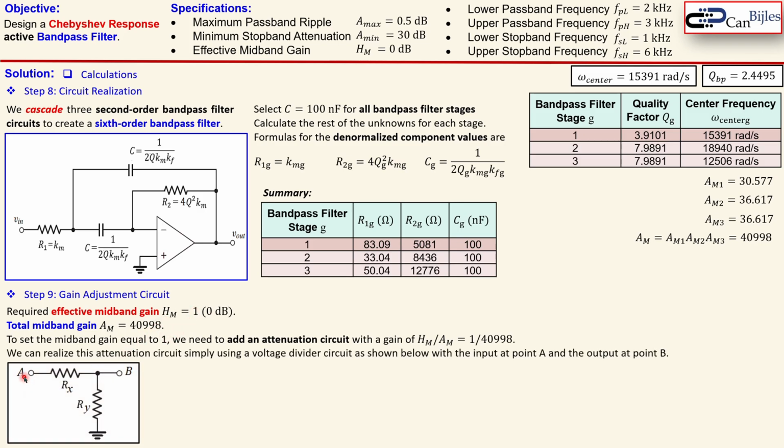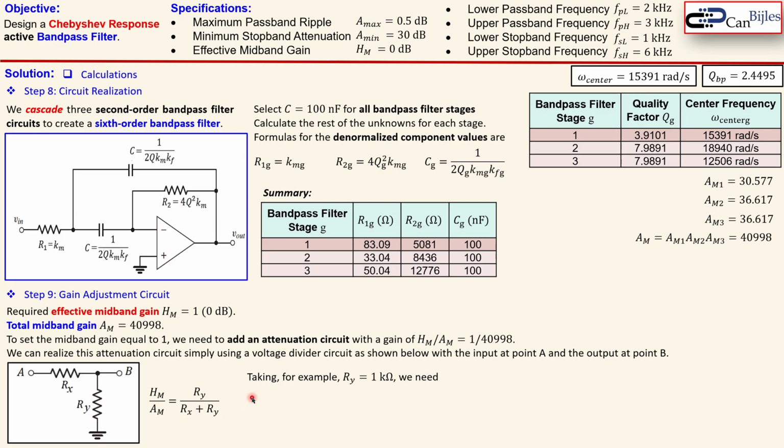So we can go in here at node A and then measure at node B by using the voltage divider circuit here. Now we can then say that the HM, which is our required effective mid-band gain, over the AM we have, will be then this. Now, in order to calculate the Ry and Rx, we need to actually have another equation, so we need to select one of these.